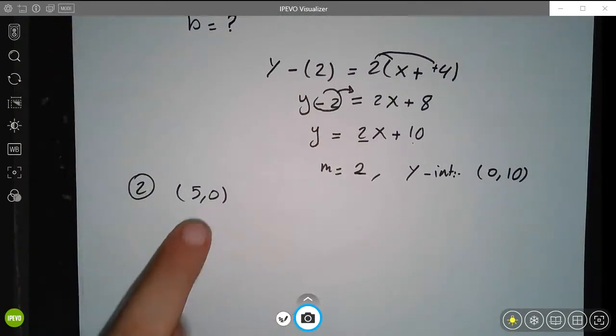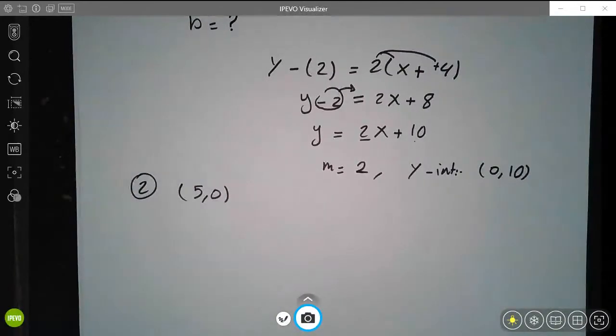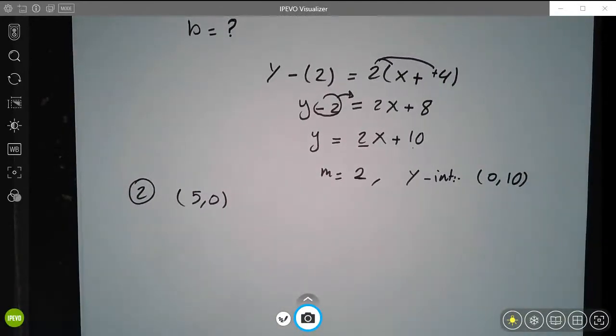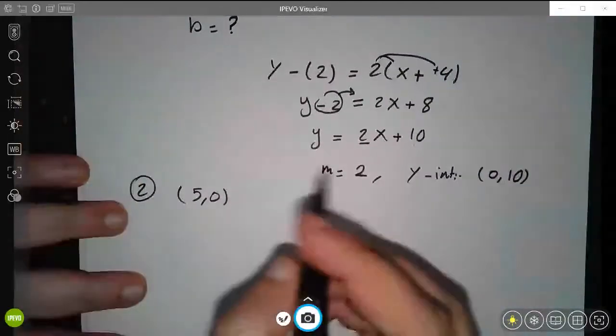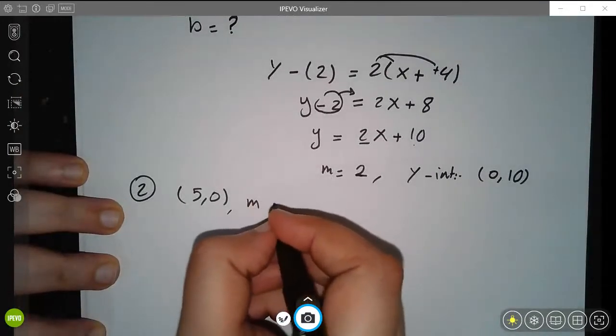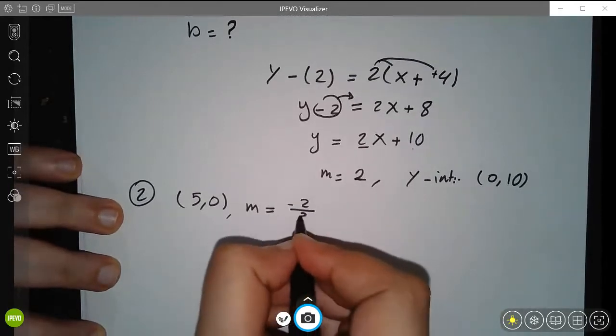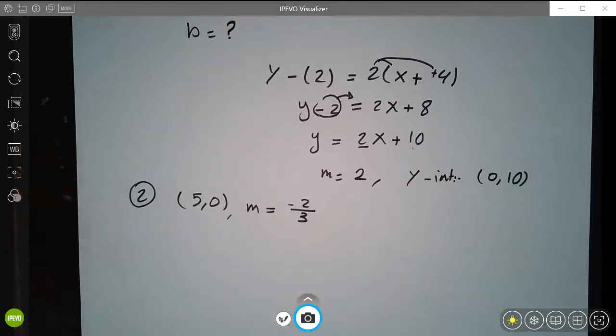This is the x-intercept, because we have an x value and the y is 0. That means it intersects the x-axis. So this is my x-intercept. They gave you the x-intercept and they gave you the slope being negative 2 over 3. That's my slope.